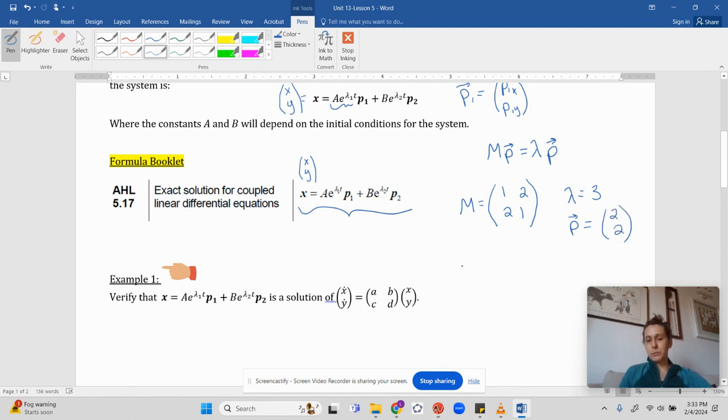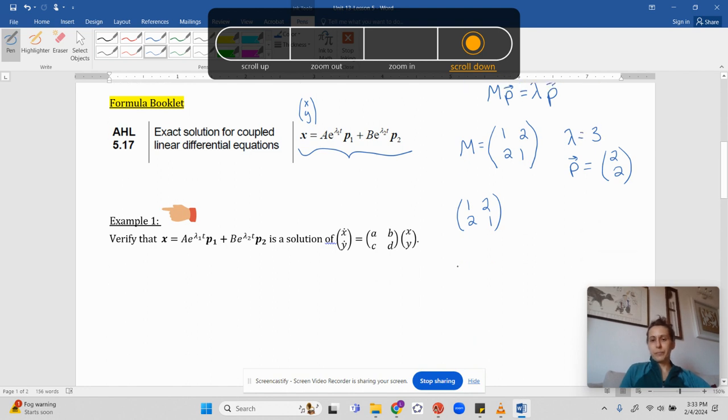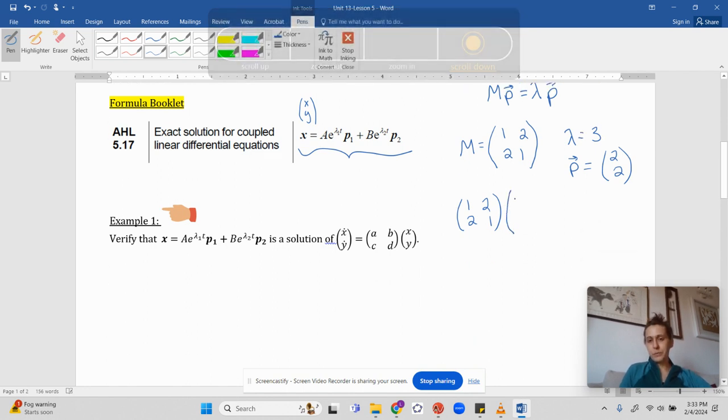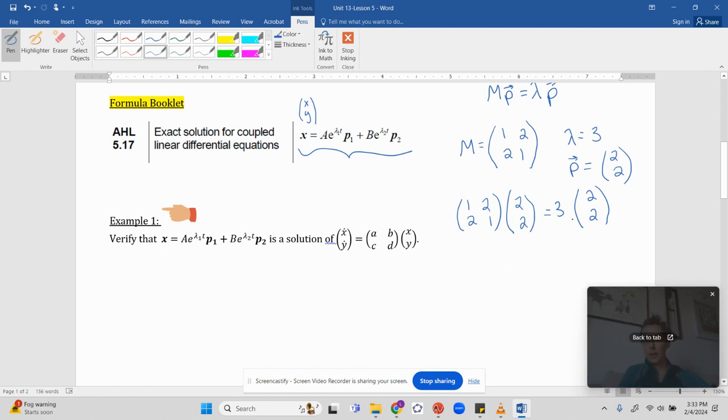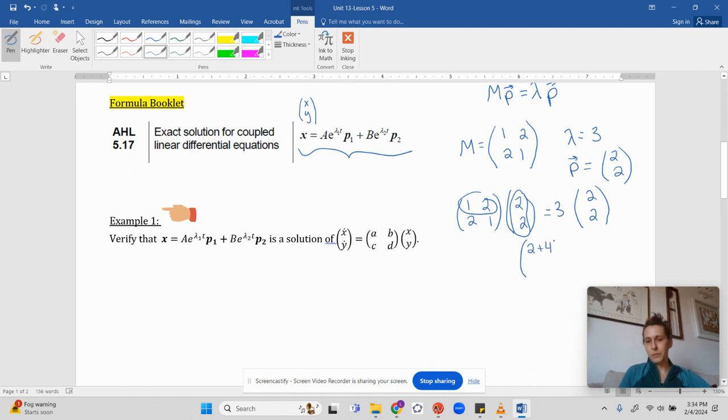And so what that means is we should be able to multiply that matrix 1, 2, 2, 1 by 2, 2, and it should be equal to 3 times 2, 2, because that is our eigenvalue and eigenvector. And we could double check and make sure. Rows times columns, 1 times 2 plus 2 times 2 is 2 plus 4.